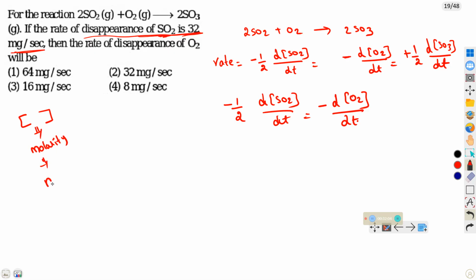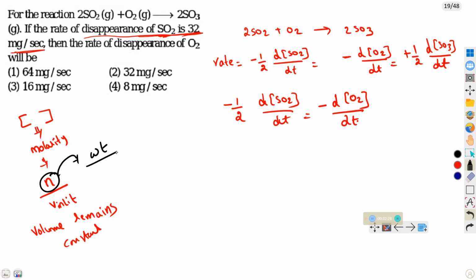Molarity formula is number of moles by volume in liters. Here volume is not mentioned, so take volume as constant. If volume remains constant, the volume term on both sides is cancelled. Only the number of moles is present. Number of moles is weight by molecular weight.